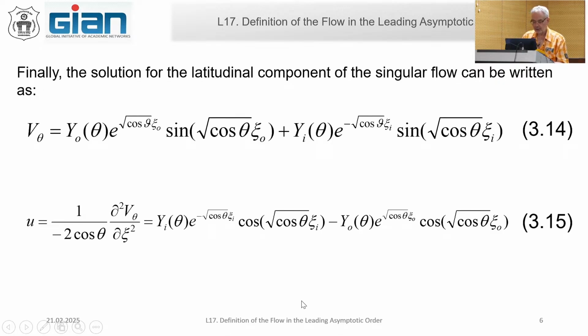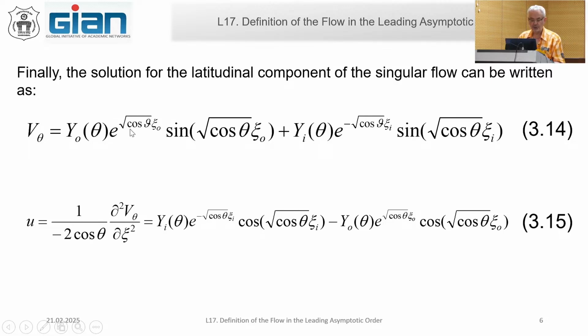So finally, the solution for the latitudinal component of the singular flow can be written in this form. You see that in just one form we merge together the boundary layer which is outside and the boundary layer which is inside. We choose this lambda coefficient for the real part, of course, because there is an imaginary part, but we are not interested in it; we are working only with the real part.